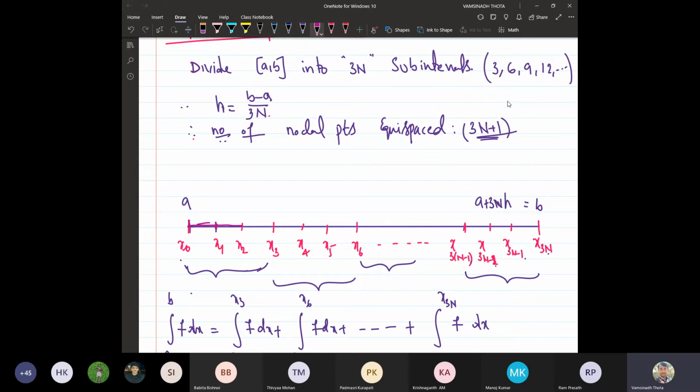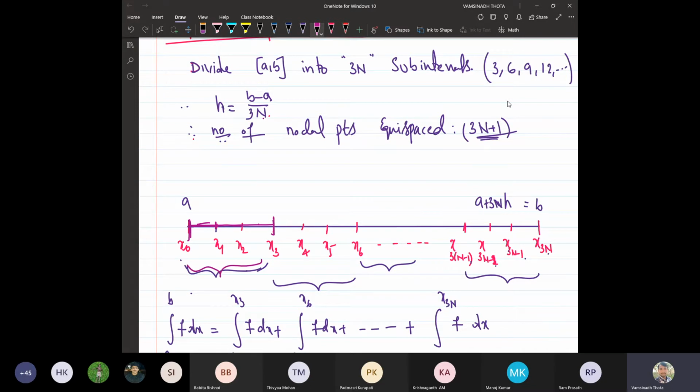Since for the Simpson's 3/8 rule we need a minimum of 3 subintervals, we take x0 to x3, which is 1, 2, 3, three subintervals. Considering x0 to x3 as one interval, where h is b minus a upon 3n, apply the Simpson's 3/8 rule in this interval.